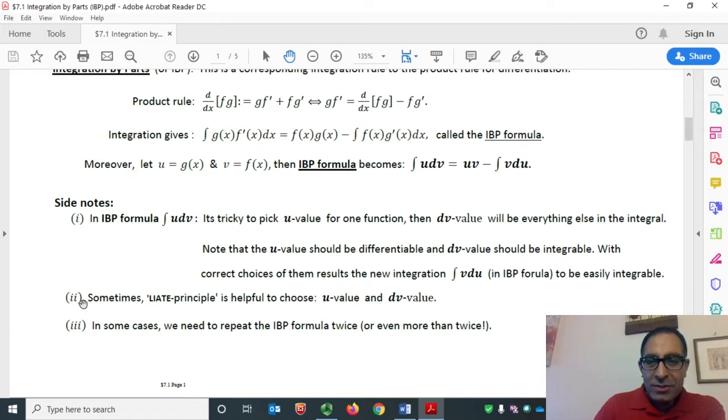Side note number 2: sometimes the LIATE principle is helpful to choose the u value and dv value. L stands for logarithmic functions, I for inverse trigonometric functions, A for algebraic functions, T for trigonometric functions, and E for exponential functions.